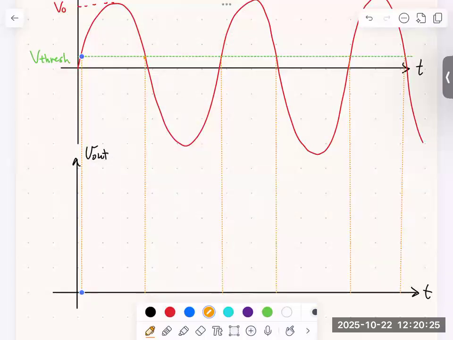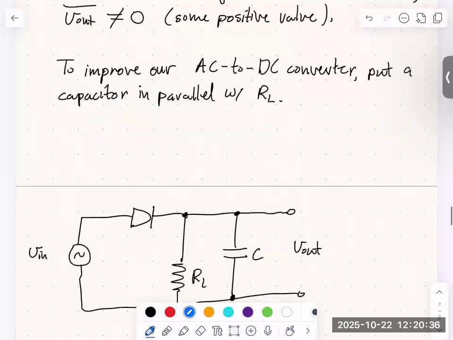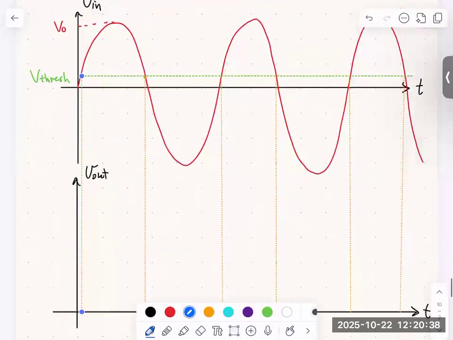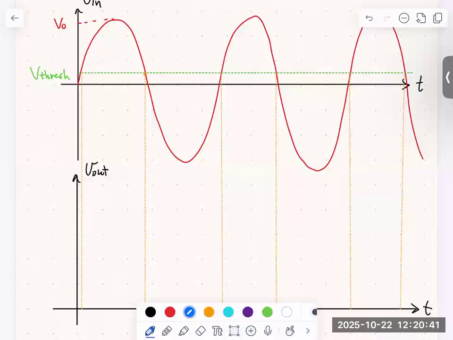Okay, so this time, I'm going to start with the output voltage. What did I use? I used blue before. Yep. So let's start at the peak. The peak of this is going to sit at V naught minus V threshold. Now initially this is going to follow the input.